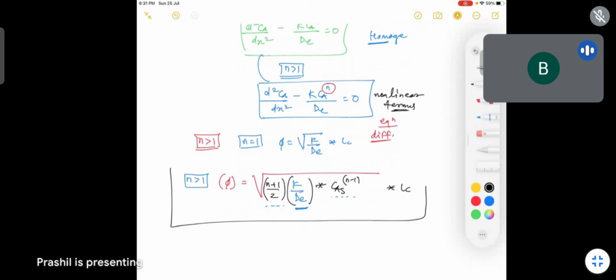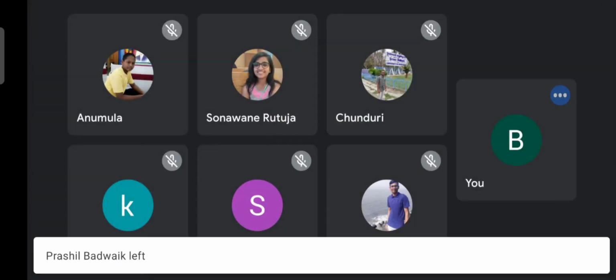This is the first case. Case 2 will be for a spherical catalyst, where you will have a different formula for the efficiency of a spherical pore. If the pore is spherical, then you will have 1 by phi.